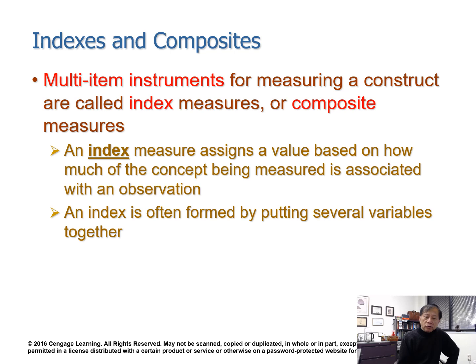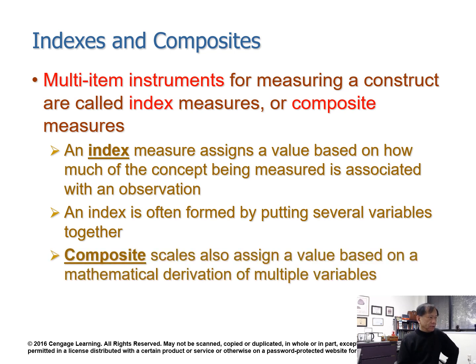You know the Dow Jones Industrial Average, right? The Dow Jones number measures the stock market. They actually have 30 blue chip stocks, weighted to get the Dow Jones Industrial Average number that we hear in the financial news every day. And composite scales also assign a value based on a mathematical derivation of multiple variables. Okay?